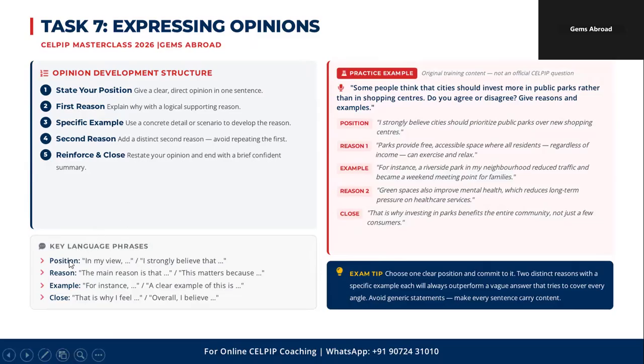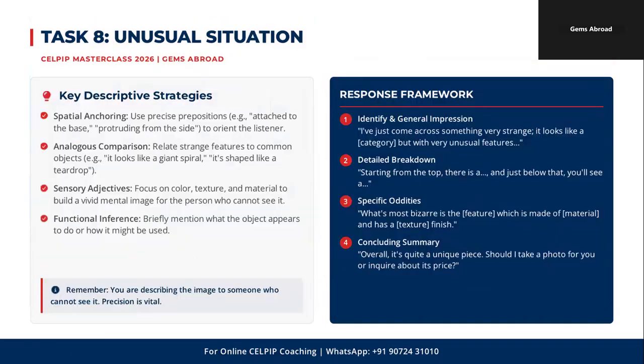Okay, I've given some key language phrases also here. You can just take note of it. Now, task 8 is unusual situation. It is describing an unusual situation. Here, precision is extremely important because the listener may not be able to see the image.